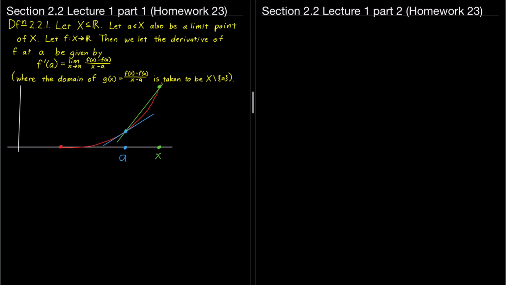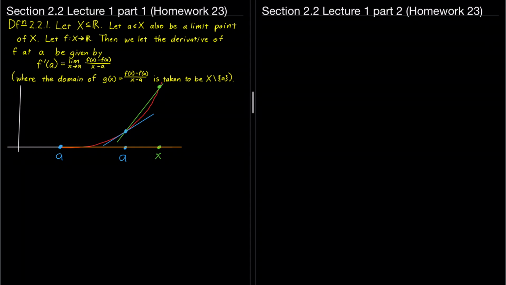And I want to emphasize here in this particular example, our domain is not all the real numbers, it's a closed interval. So you are allowed to decide you want A to be an endpoint.